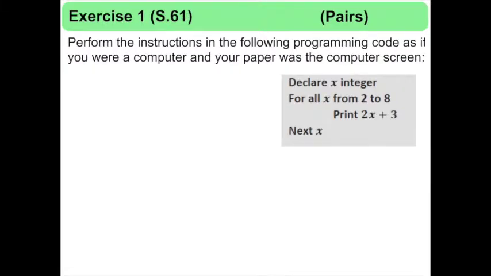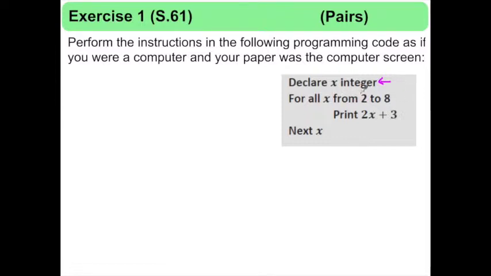If we look at exercise number 1, they say perform the instructions in the following programming code as if it were a computer and your paper were the computer's screen. There are certain things that are important to note. One of them is that everything declared is integers and integers only. So 1, 2, 3, 4, 5, or -1, -2, -3, -4, and so forth.